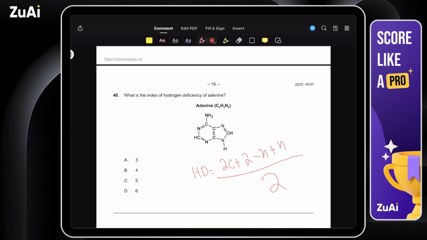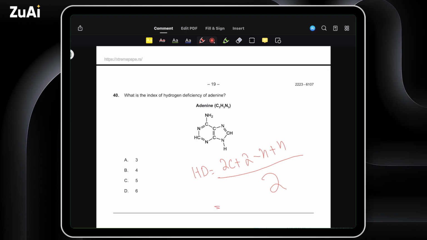So it is like 2 times 5 plus 2 minus 5 plus 5, divided by 2. That's why 6 is the answer.